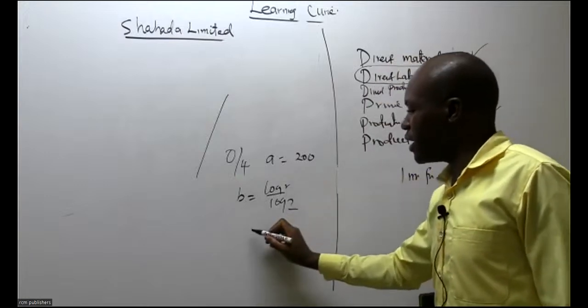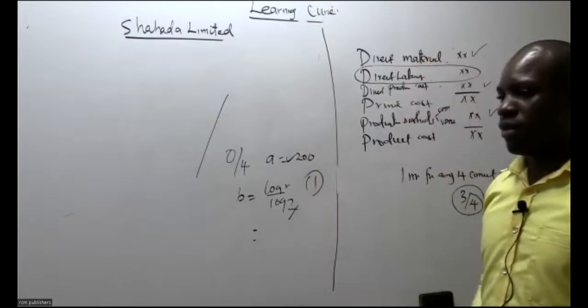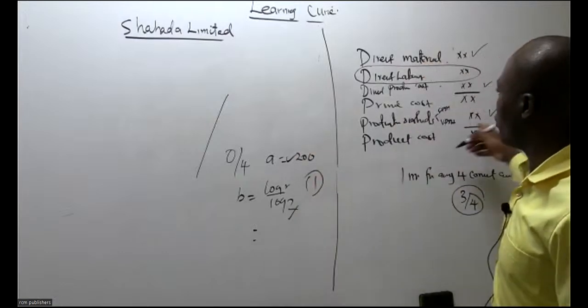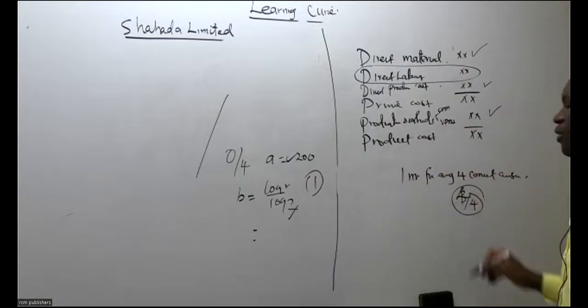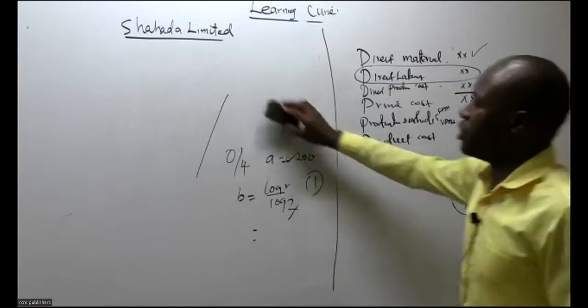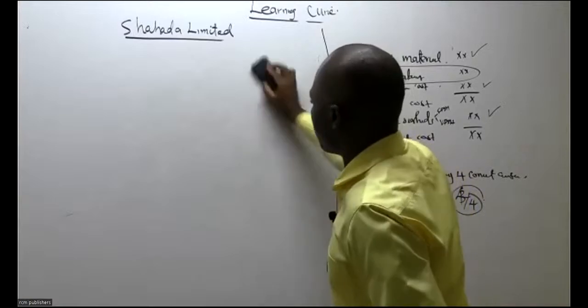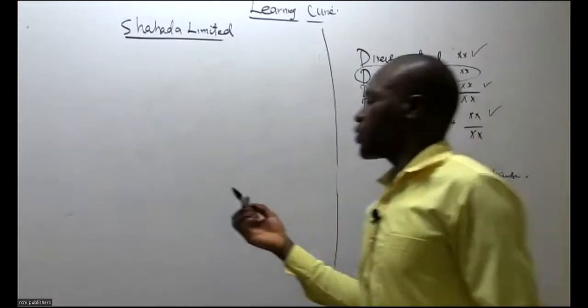Calculate it and get the value of B. By just doing that, you'll have 1 mark. If that 1 mark you add to this, even without getting the correct answer, you already have your 4/4. So that's the strategy which we need to follow and try to attempt at least all the questions.